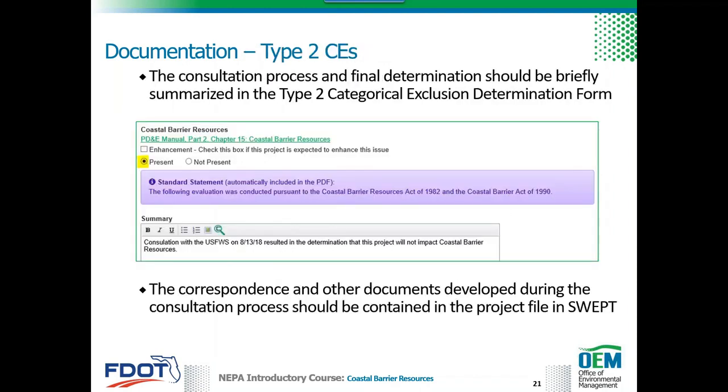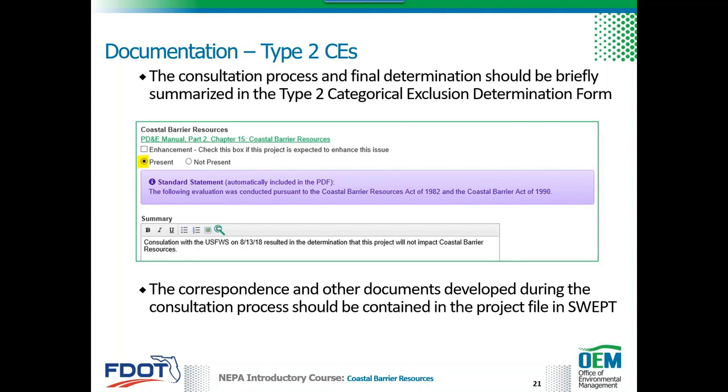For Type 2 CEs, briefly summarize the consultation process and final determination in the Type 2 categorical exclusion determination form as appropriate based on the outcome of the consultation. The correspondence and other documents developed during the consultation process should be contained in the project file in SWEPT.